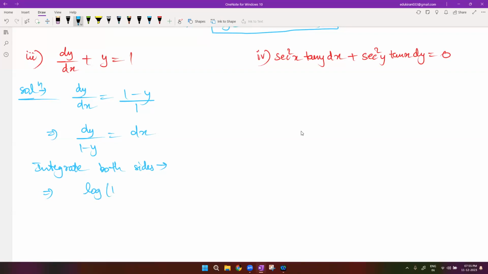But because the coefficient of y is -1, I'll have to divide this with -1, is equal to integration of 1 with dx, which would be x plus c.